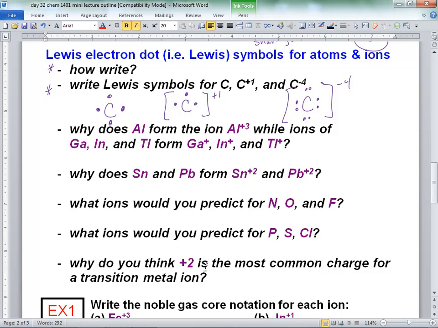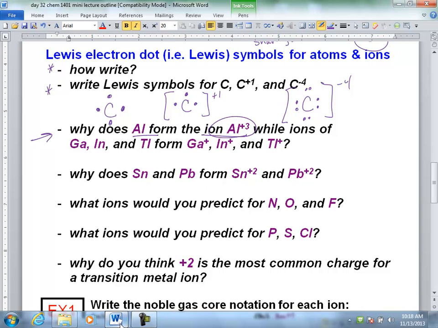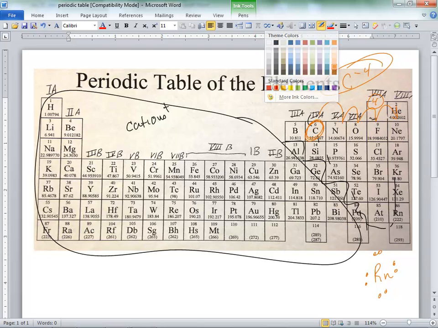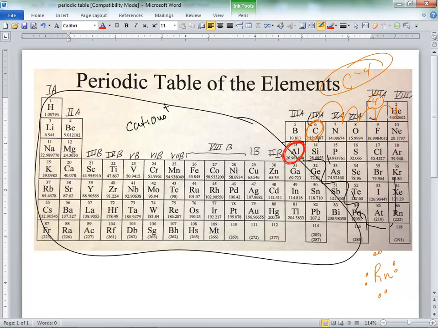Let's see if we can answer some questions here. Why does aluminum form Al plus 3? Let's find aluminum. Let's see. Aluminum is right here. Why would you say, Christian, aluminum forms the ion Al plus 3?